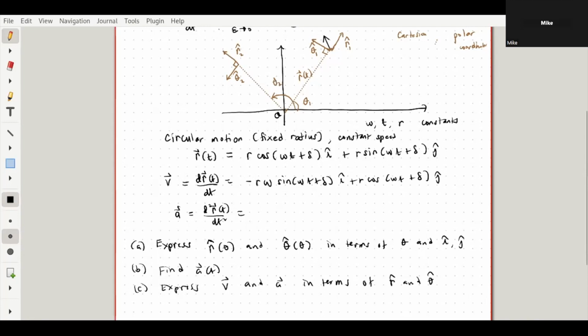Meron pa po palang tawag po dito sa system po na to? Unit vector na ganito. Ano yan? Ang tawag, polar coordinate system. Tapos polar unit vectors.